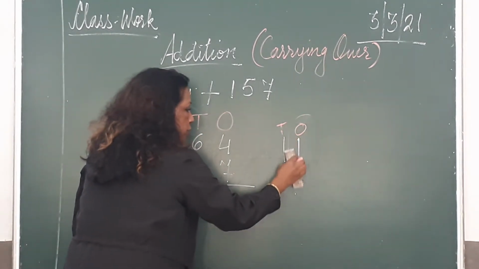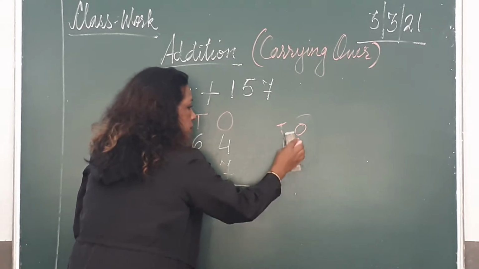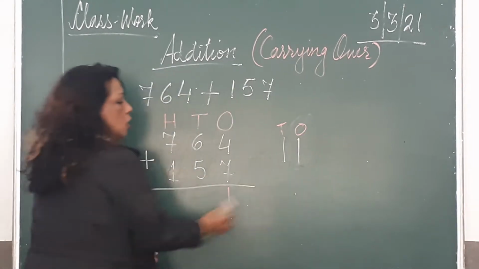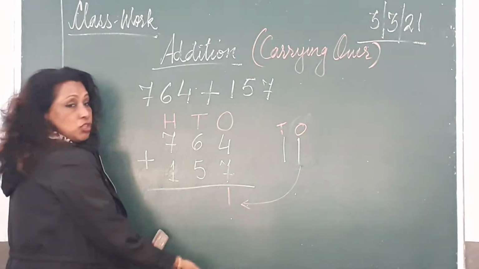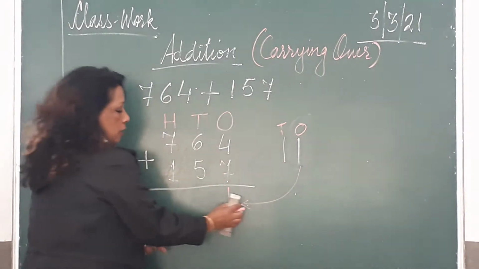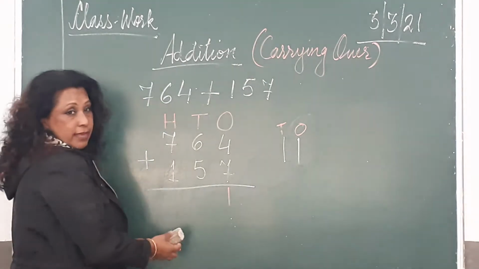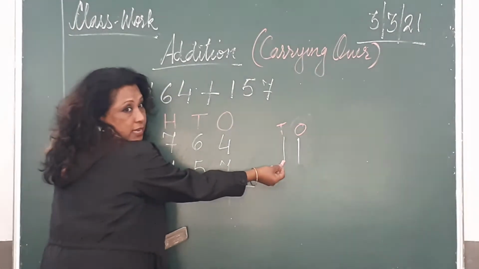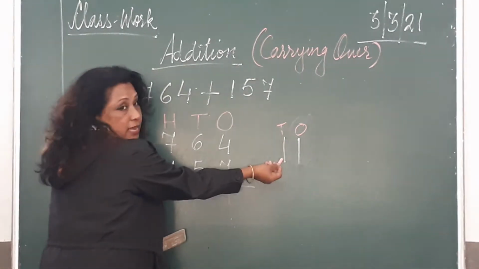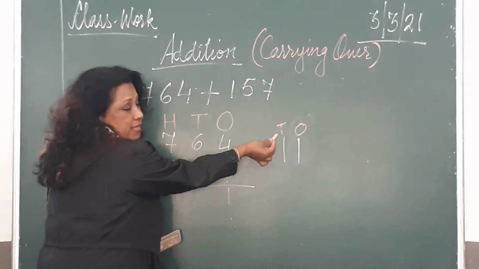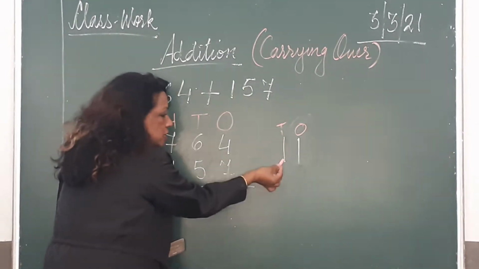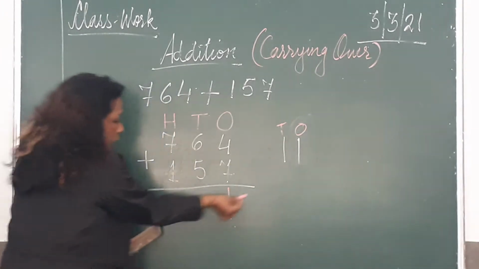So let me rub this. It will again create confusion here. Okay. Now this 1 you already brought here. Alright. Now what will happen to the other number? You cannot just leave it like that. So what is the second number under? The second number is under tens, isn't it? Its place is under tens. So that means you have to bring this number under tens.